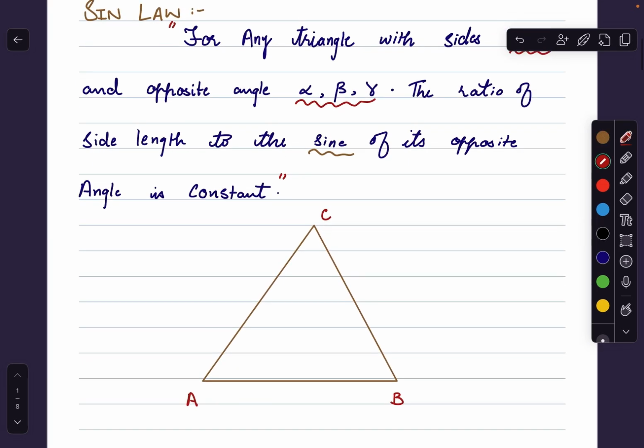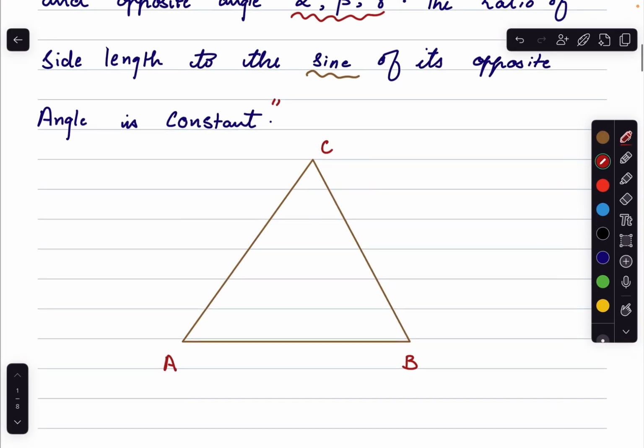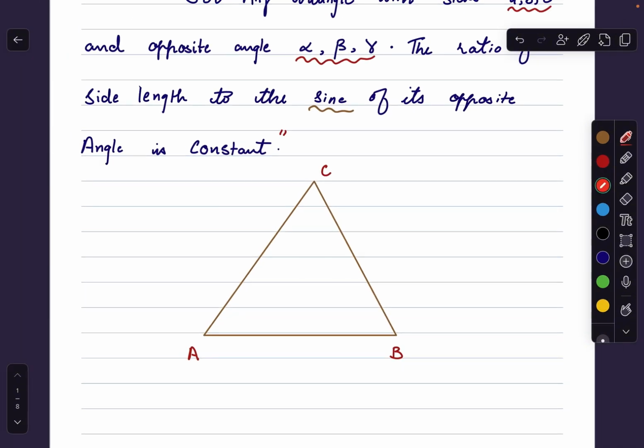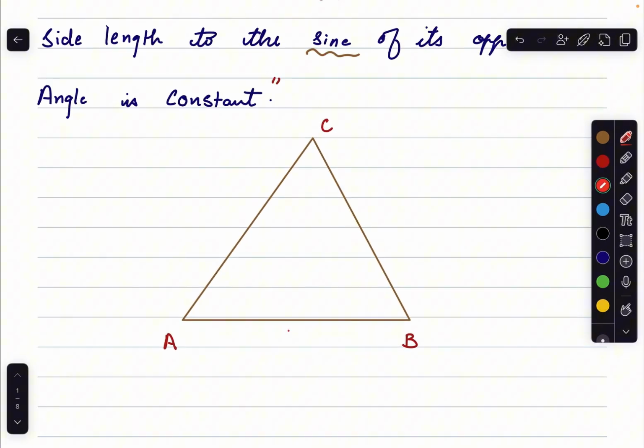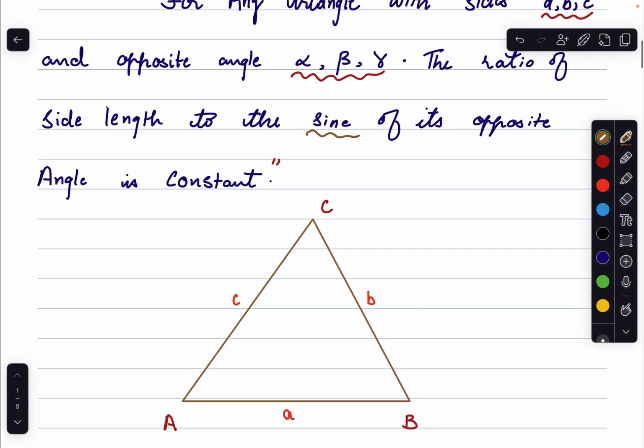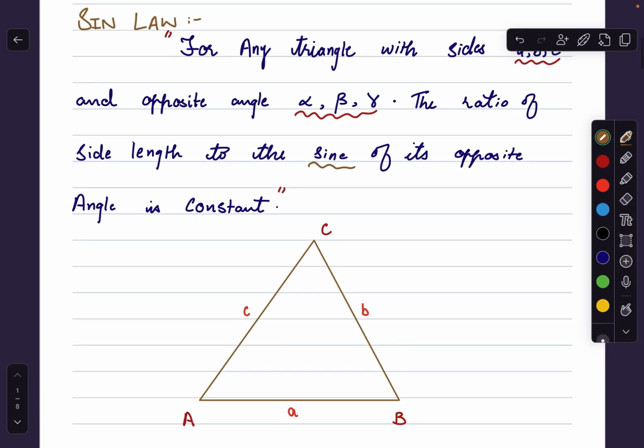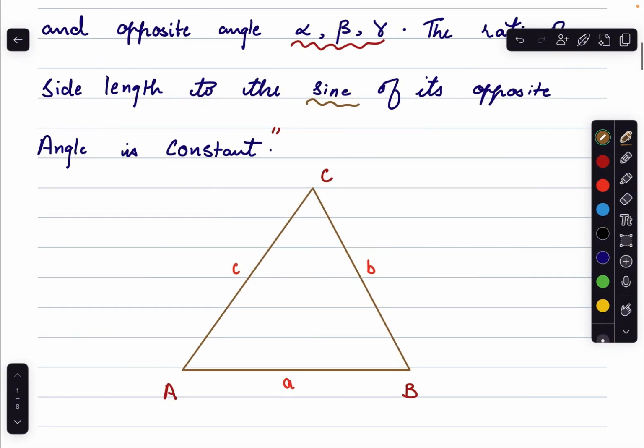Looking at the diagram, ABC is a triangle we have been given. These are the small a, small b, and small c sides. The angle opposite to side a is this angle over here, which we can call alpha, because a and alpha are like each other.